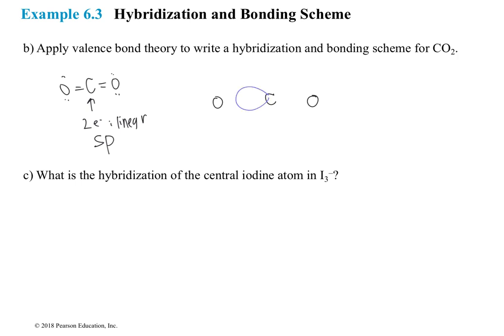So this carbon has one sp orbital, there's the other sp orbital, and then our oxygen atoms have, remember, 2s, 2p, 4. So we have this orbital and this p orbital that are able to bond. So we'll have one going on the y-axis, and then one going on the y-axis.